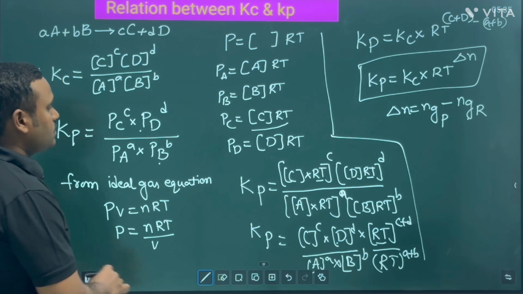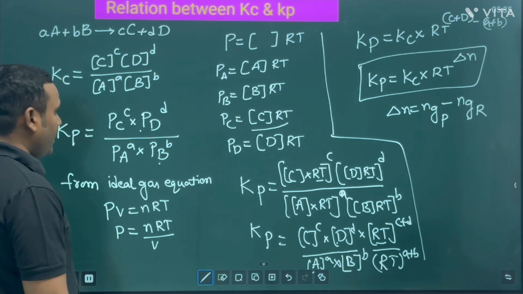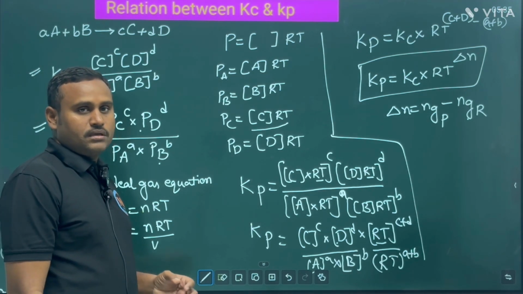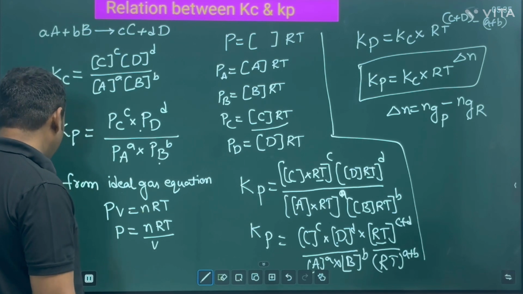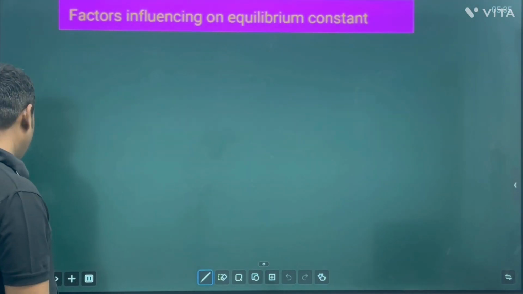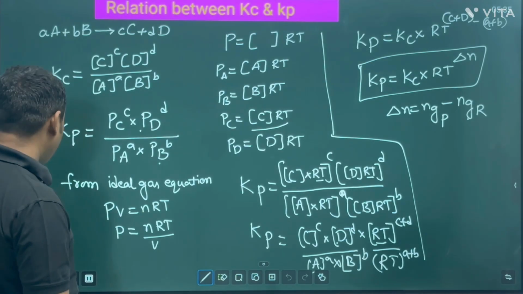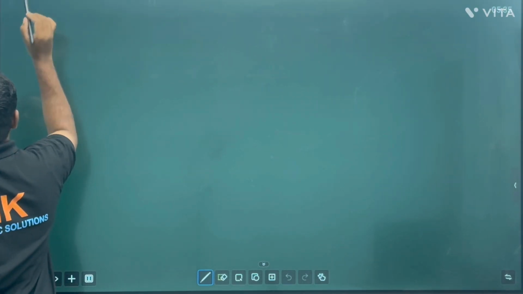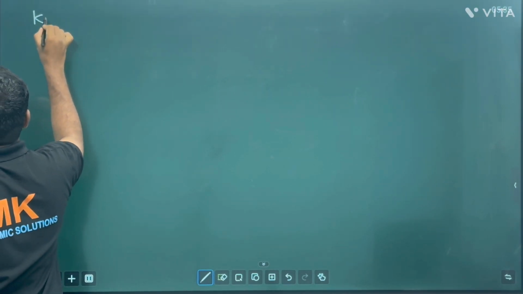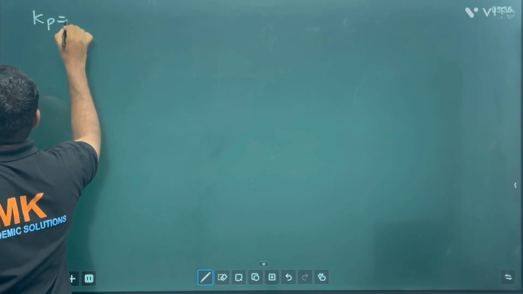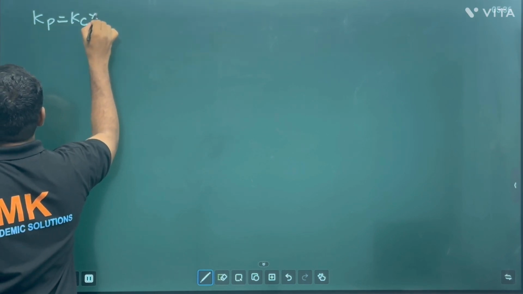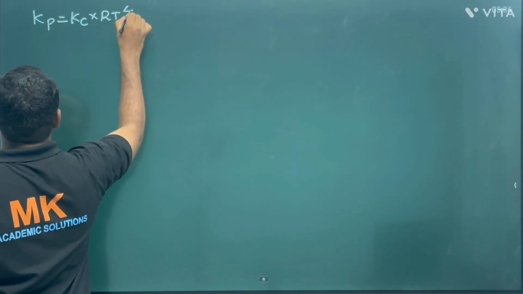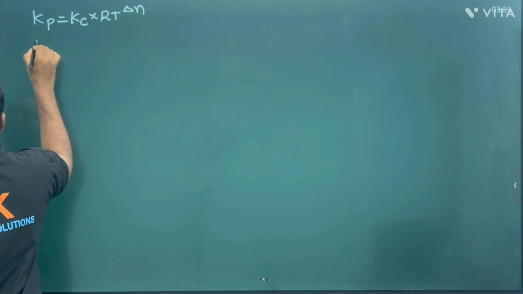Next, let us see some examples, different cases which relate Kc and Kp. First, the relation is Kp equal to Kc into RT to the power delta n. Now case 1: if delta n is equal to 0, what will happen? Therefore Kp is equal to Kc into RT to the power delta n.